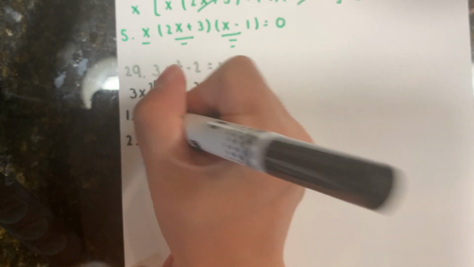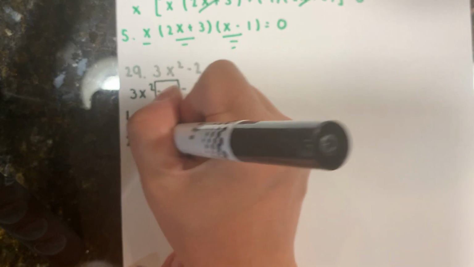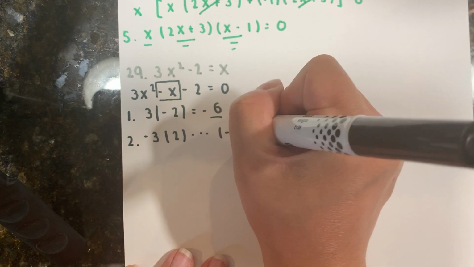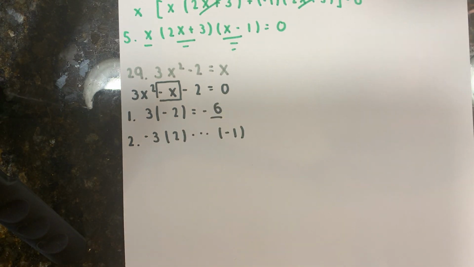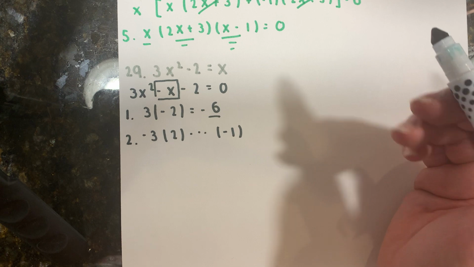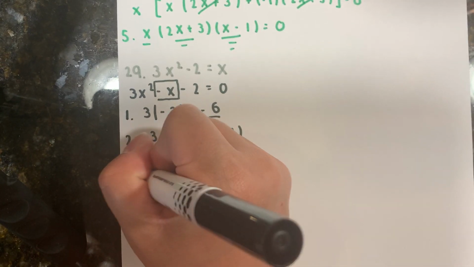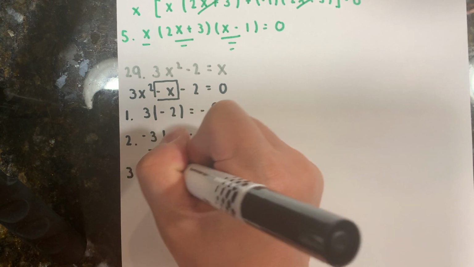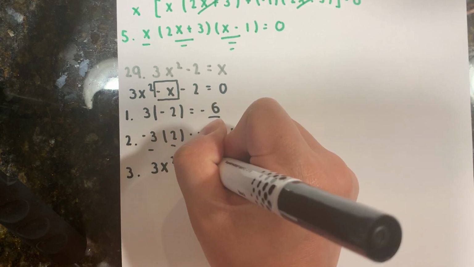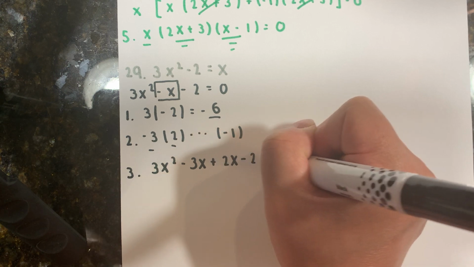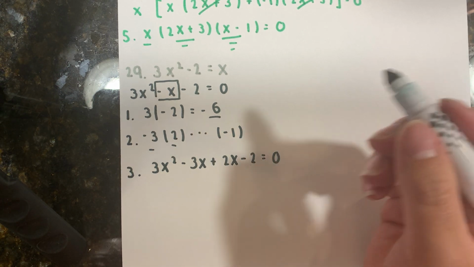That would be the same as this last one, but it would be negative 3 and positive 2, because that adds up to give me negative 1, but multiplies to give me negative 6 still. So this is what's going to replace your negative x in your middle term. So really you have 3x squared minus 3x plus 2x minus 2 equals 0.